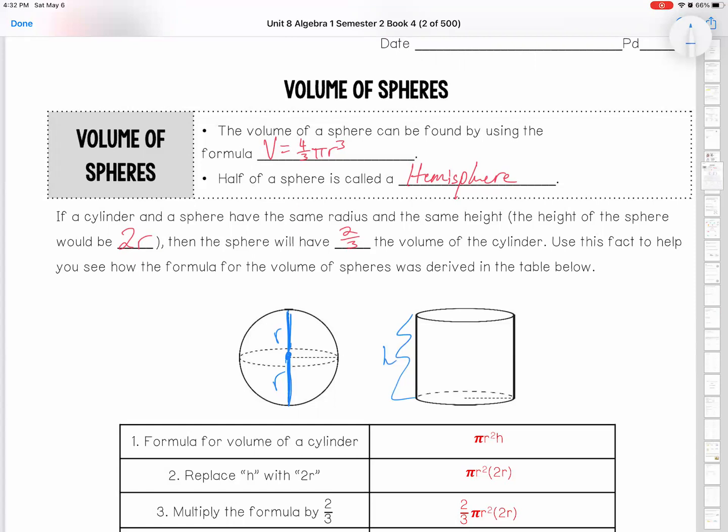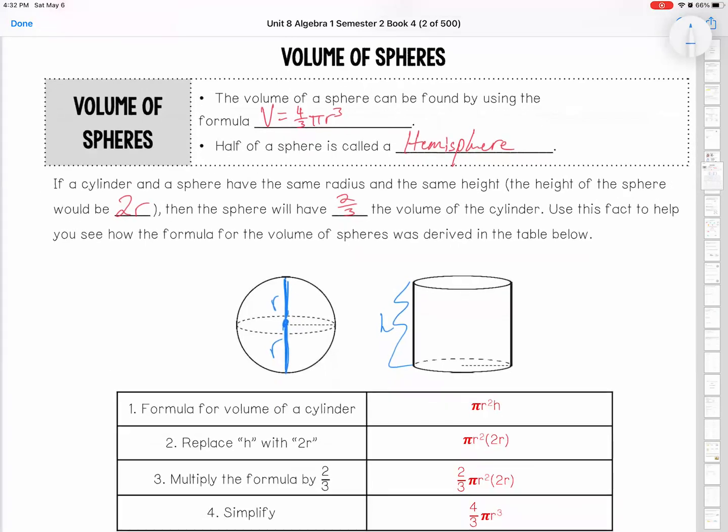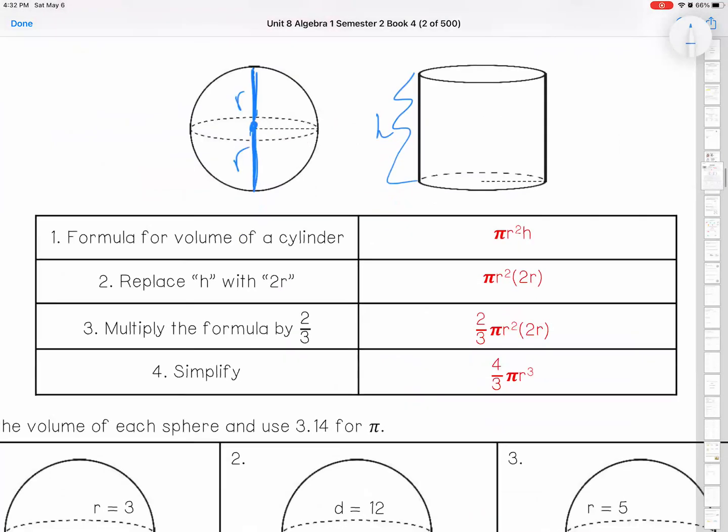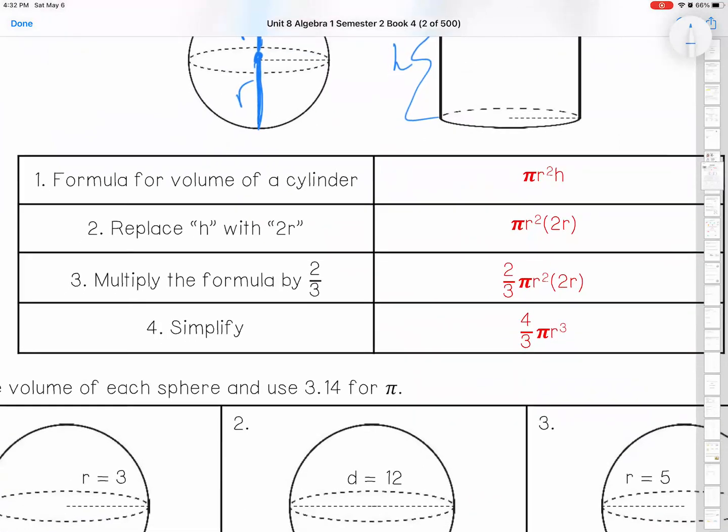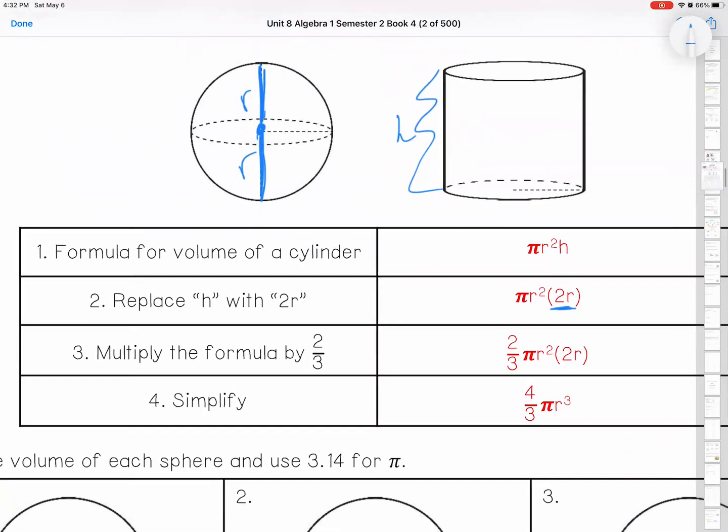And so this is actually useful for how we create the volume for a sphere. And here's the proof of it. So imagine the volume for a cylinder is pi r squared h, that we know. And instead of h, we're like, hey, we don't want a cylinder, we just want a sphere here. And so that's where this 2r comes from, because that's acting as the height.